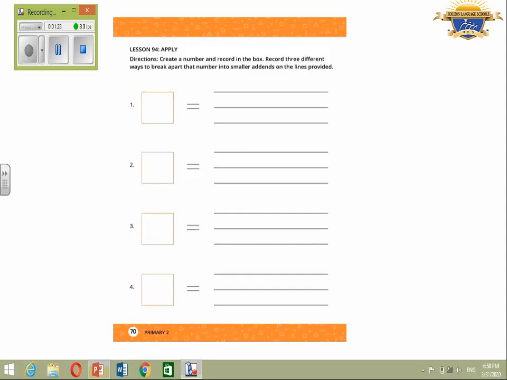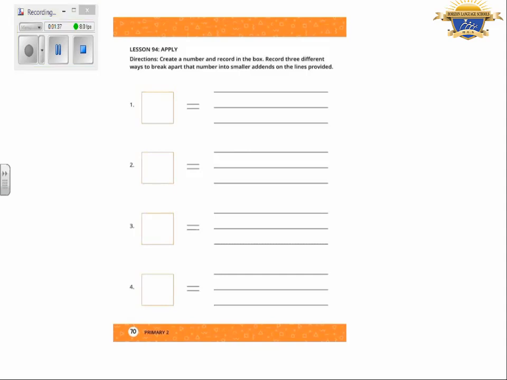So, we here have some numbers, and all we want is to break these large numbers into smaller addends. Okay, the first number we have here is number 34. We need to decompose number 34 into smaller addends.